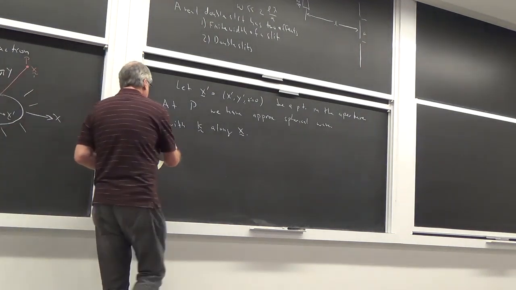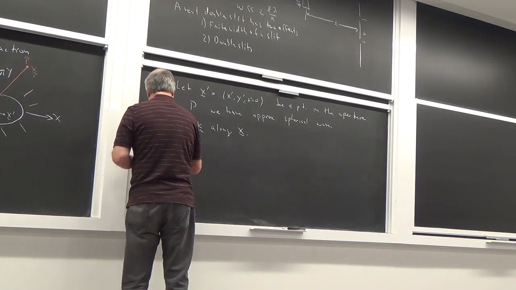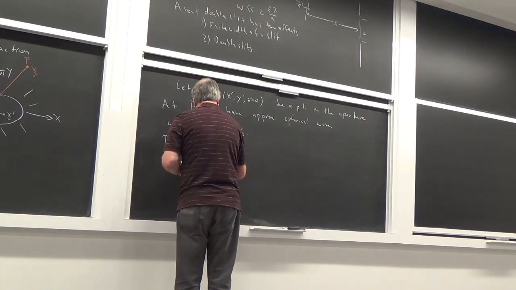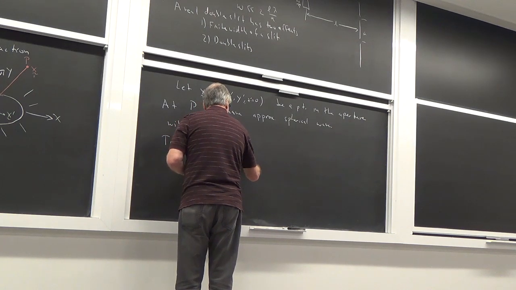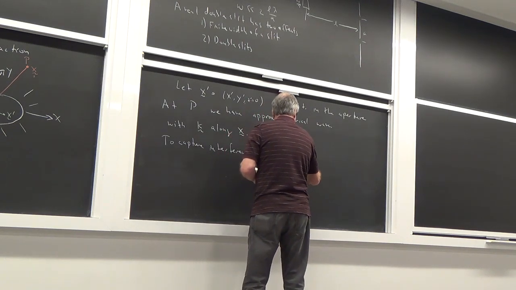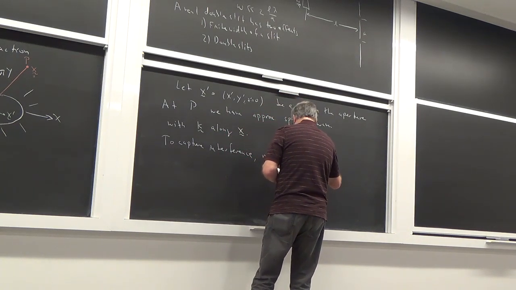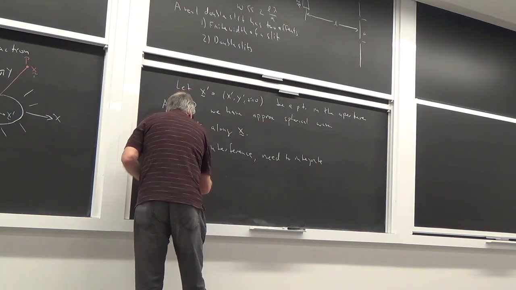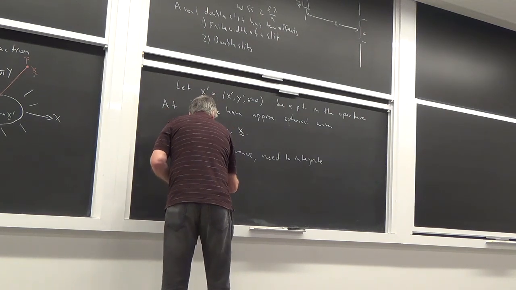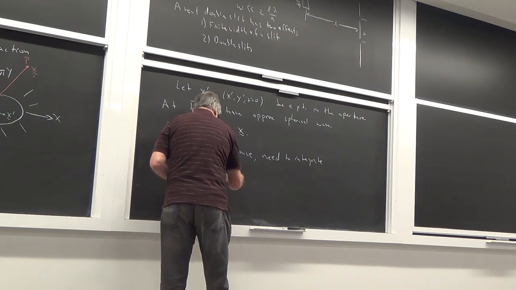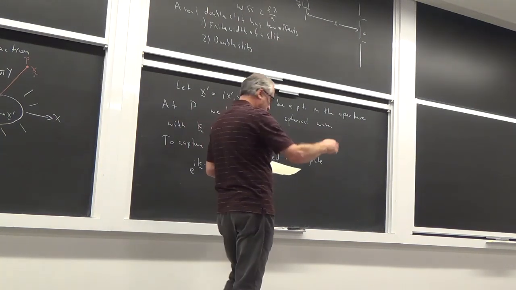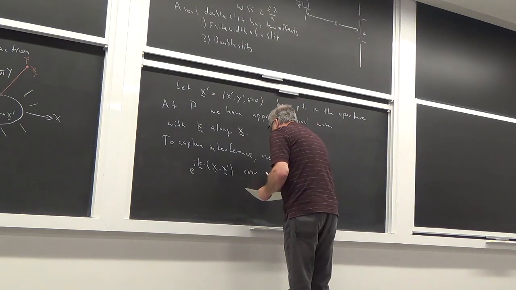To capture the interference, we need to integrate the phase factor e to the i k dot x minus x prime over the aperture, over all the sources on the aperture, or Huygens sources.